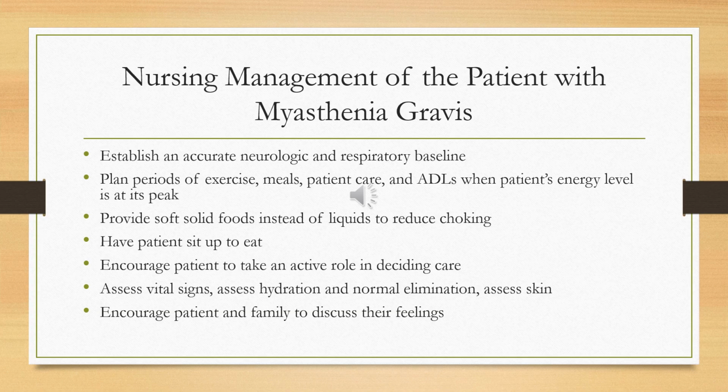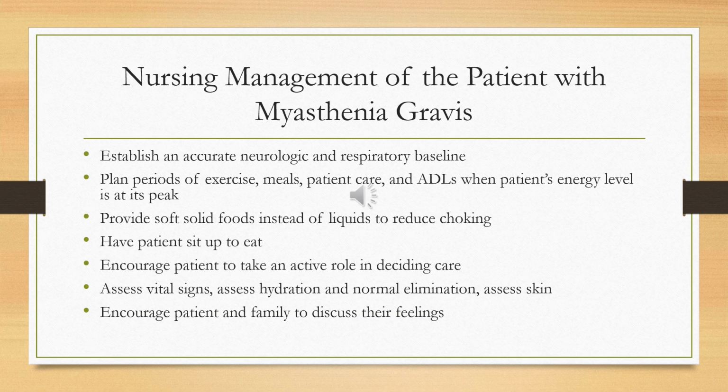You want to plan periods of exercise and their meals and their patient care and their daily activities so that you're providing care when they have the most energy, because they're going to be so weak and fatigued. You don't want to be trying to do these things when they don't have any energy. So you want to plan accordingly when you need to do those activities.